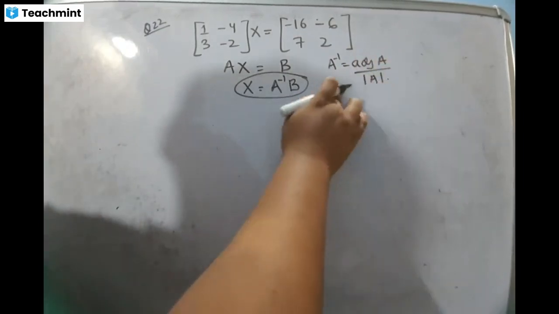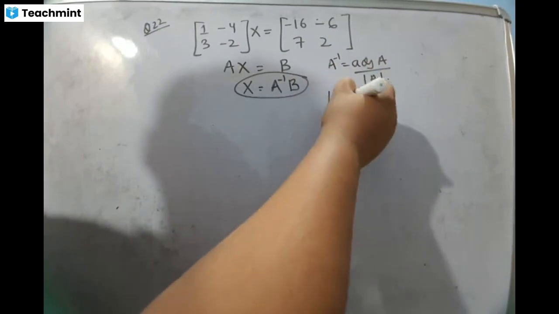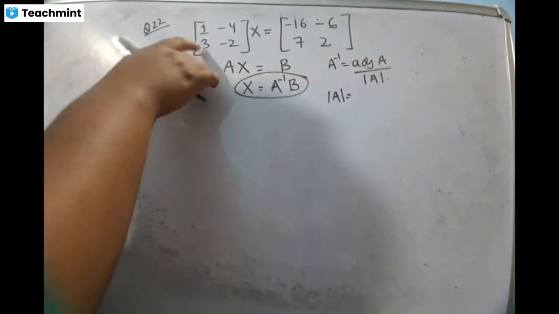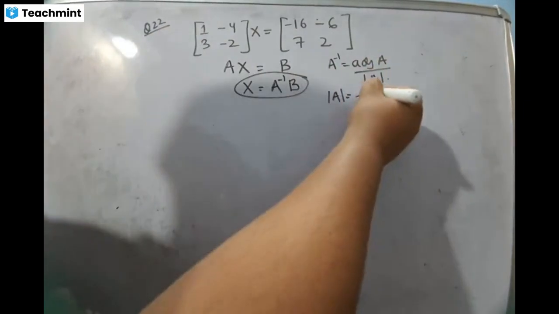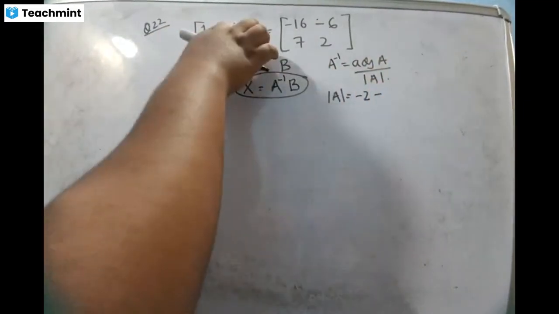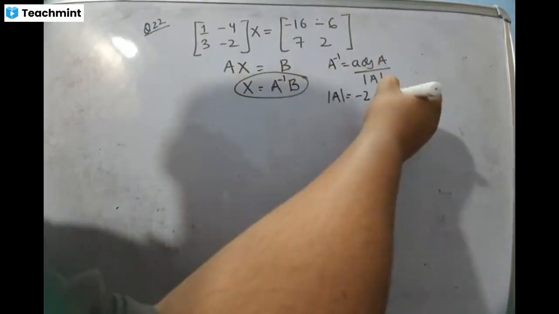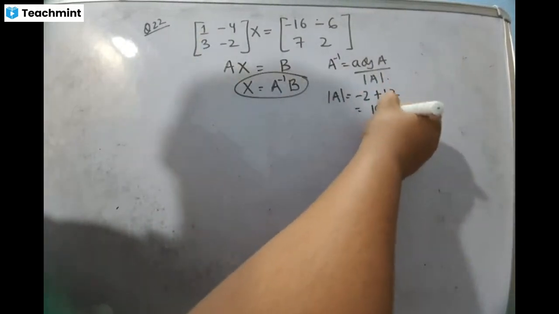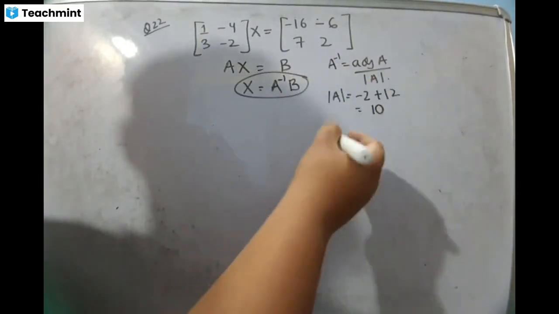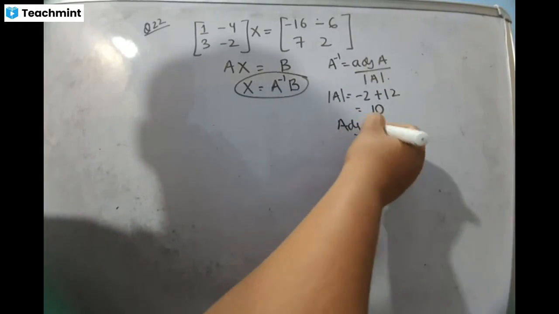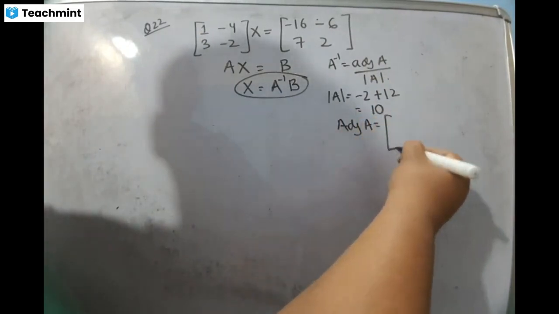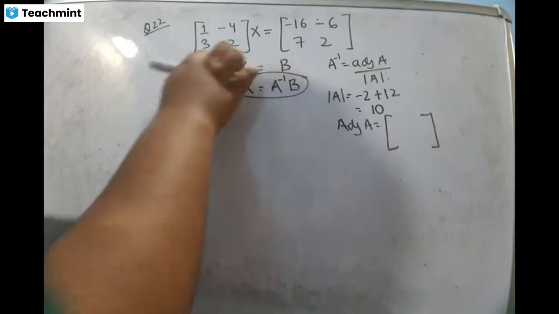So let me first find the determinant of A. This is A, isn't it? 1 into minus 2 is minus 2. Minus in the middle, 4 3s are 12, minus 12, so this becomes plus 12. That is equal to 10. You got the determinant of A. Now the adjoint of A is a 2 cross 2 matrix.